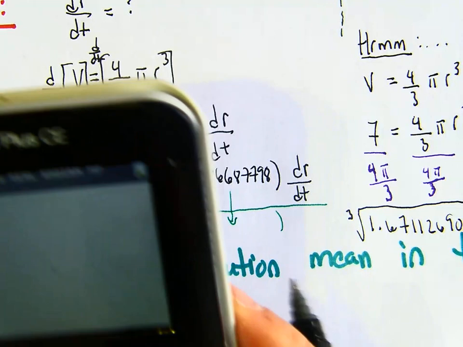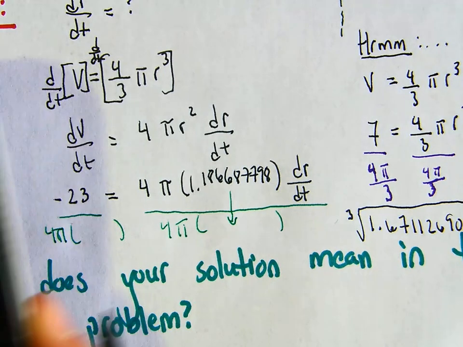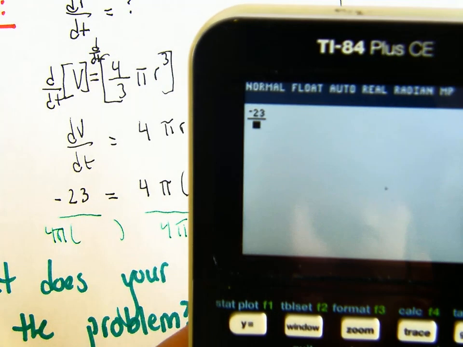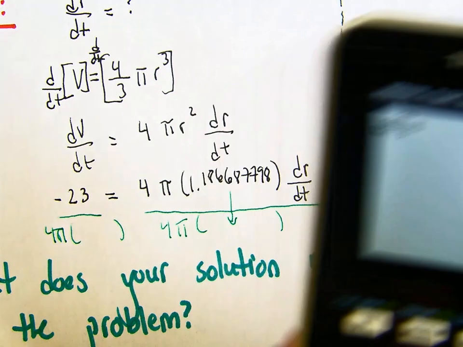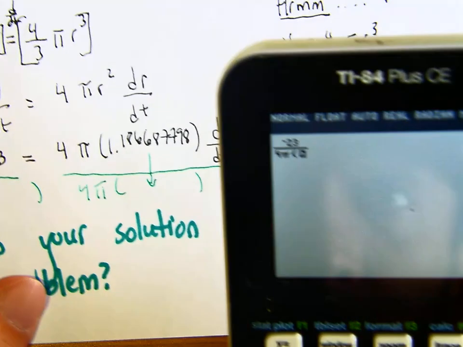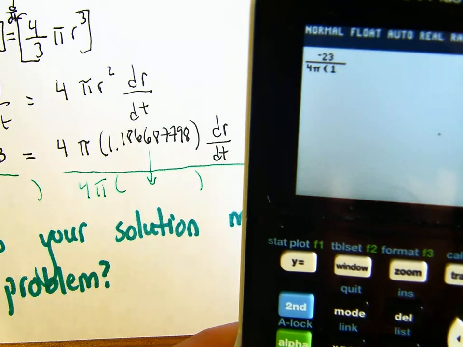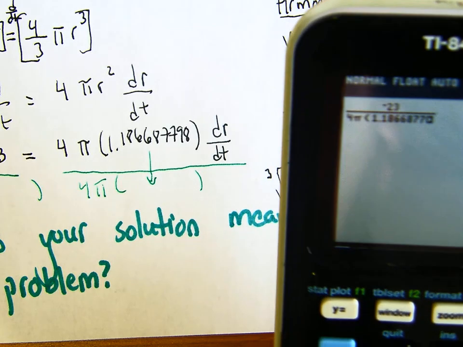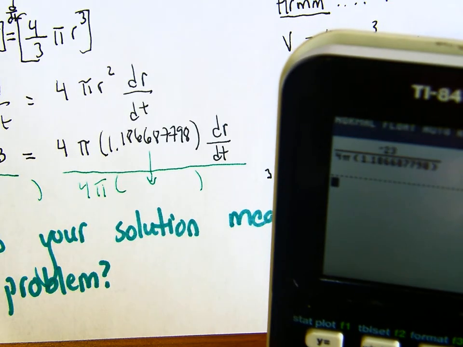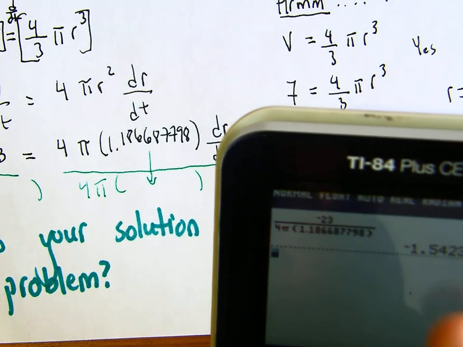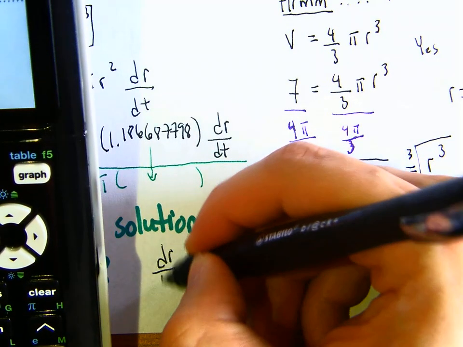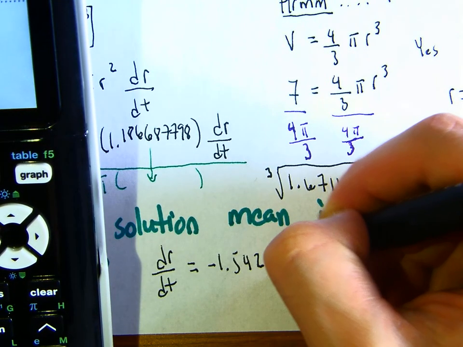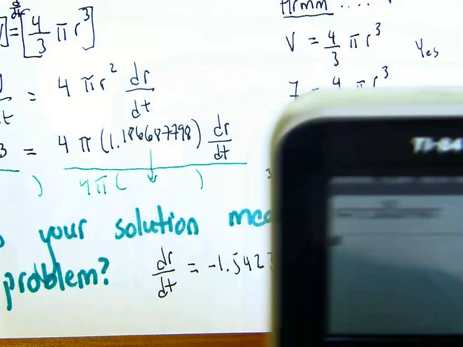Negative 23 divided by 4 pi times 1.186687798 squared, and that equals, bam, negative 1.542344877.